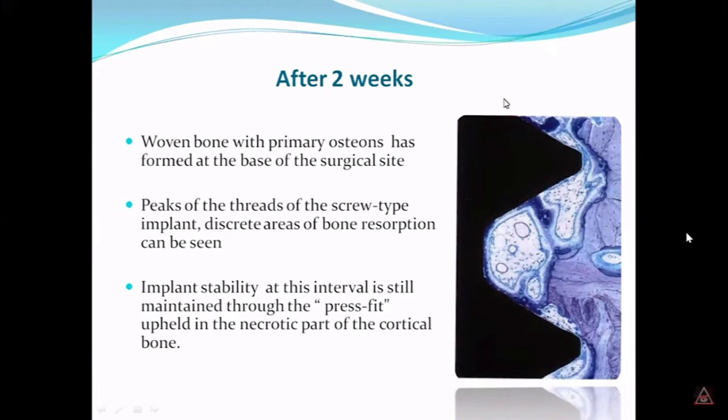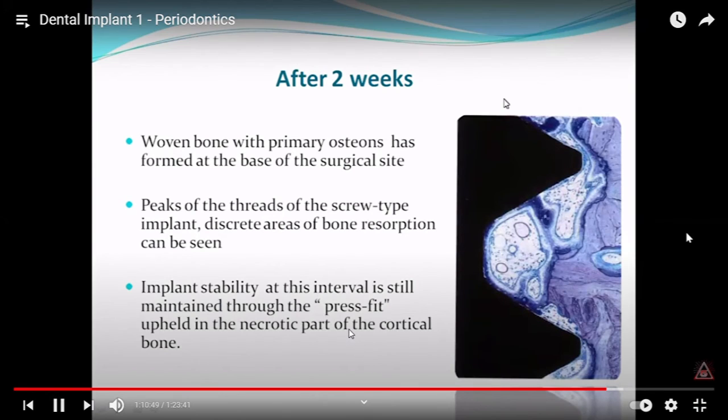Until 2 weeks, the implant stability at this interval is still maintained through press fit. That means your primary stability. So woven bone is the first bone which comes during the formation of any kind of bone healing.